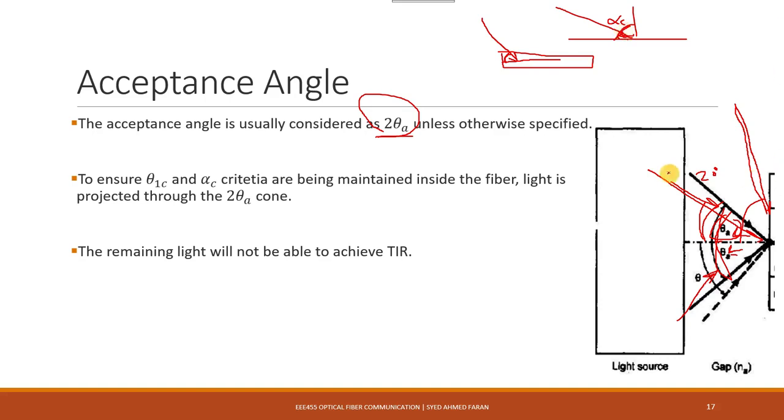So light that may enter from this side will be lost in the fiber optic cable. It will be refracted out of this cable, and we will only see these rays of light that are passing through this acceptance angle.